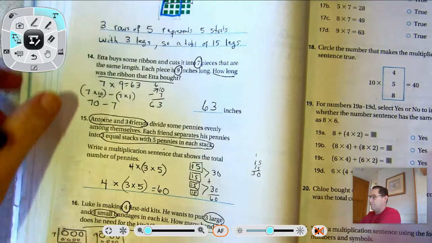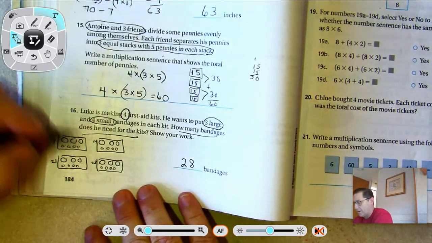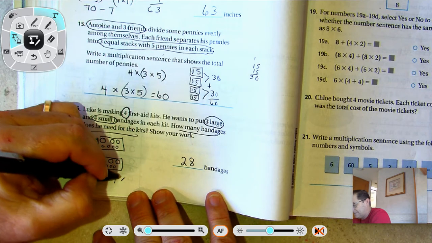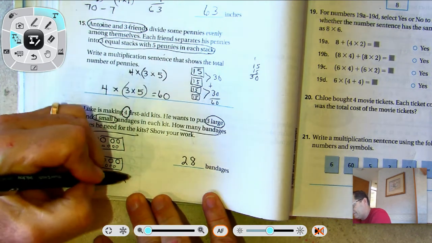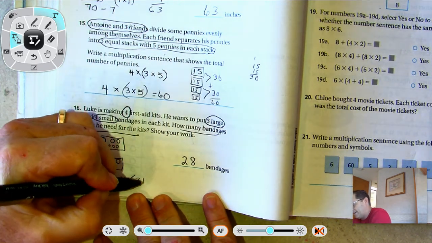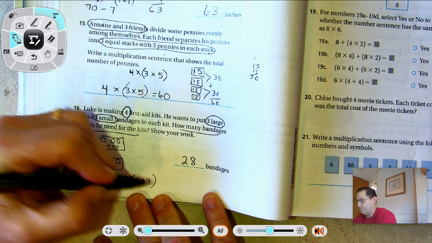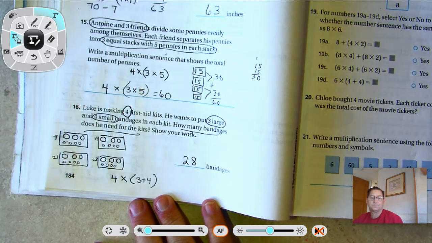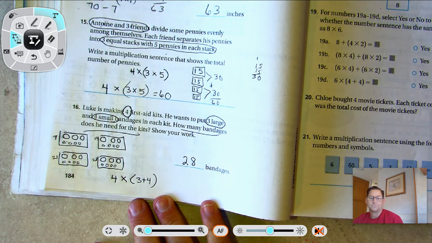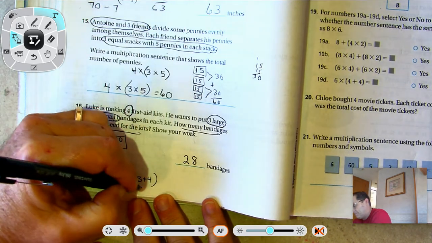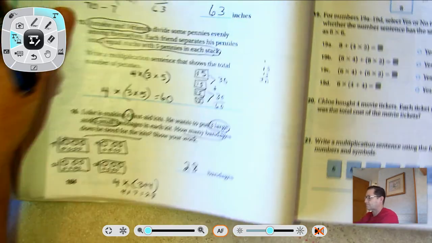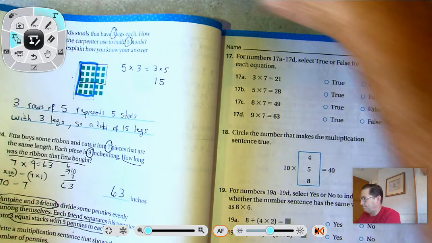So a multiplication problem for our drawing would be 4 sets of 3 plus 4. And 4 times 7 equals 28.